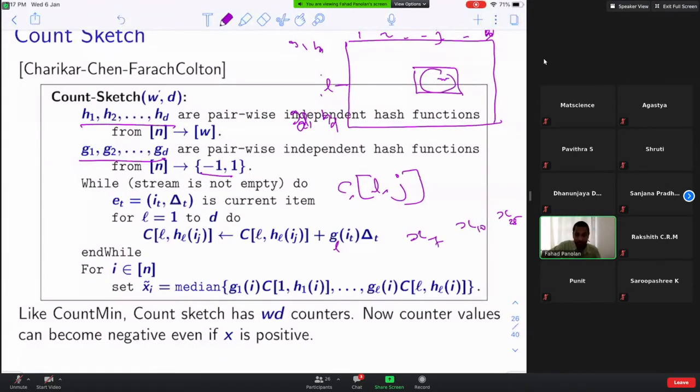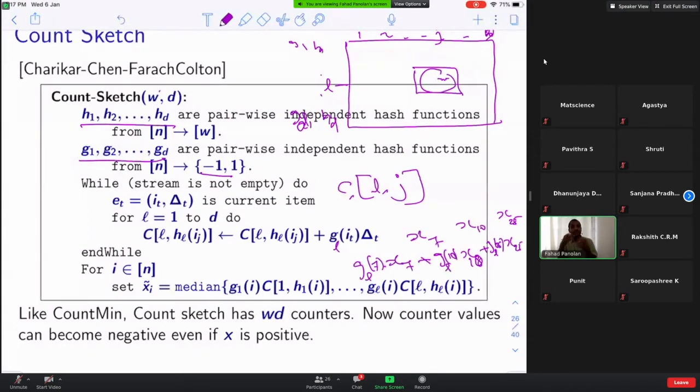Then the value here will be x7, x10, x25, but with a plus or minus 1 that depends on GL of 7 times this, GL of 10 times that, which is actually plus 1 or minus 1, so either you add it or subtract it. And here you will have GL of 25. So this is what you will store.